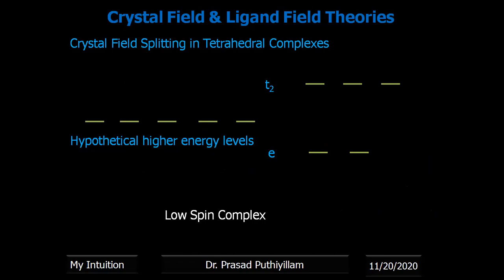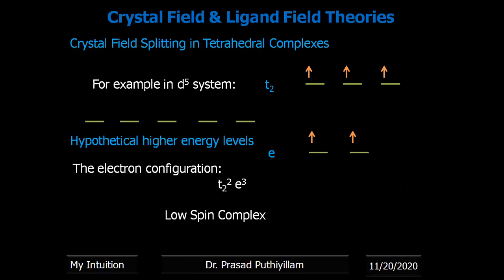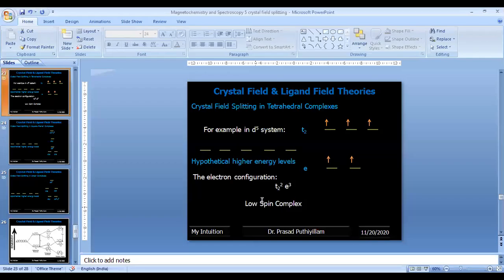Okay, I'll go to the next one, that is low spin complexes. In the case of a d5 system, you can say that this will be the state. So this is not a low spin complex, it is a high spin complex.